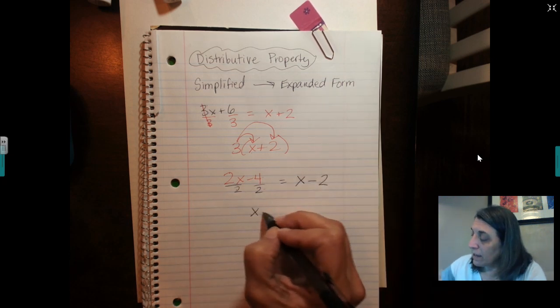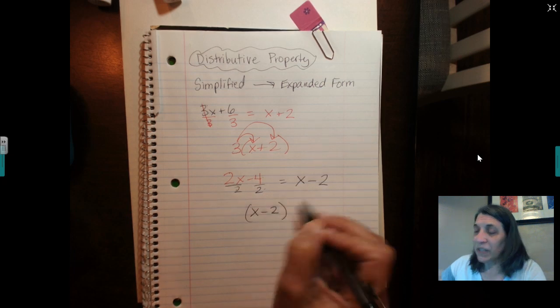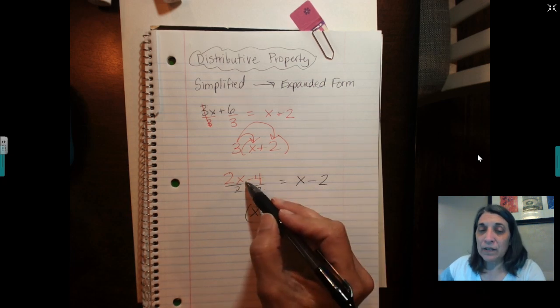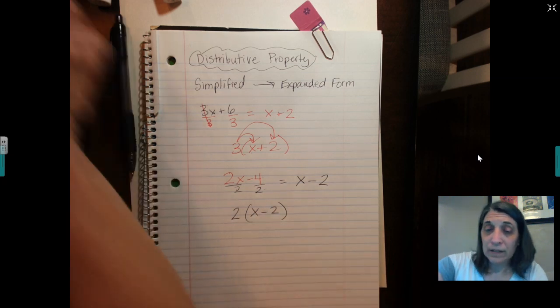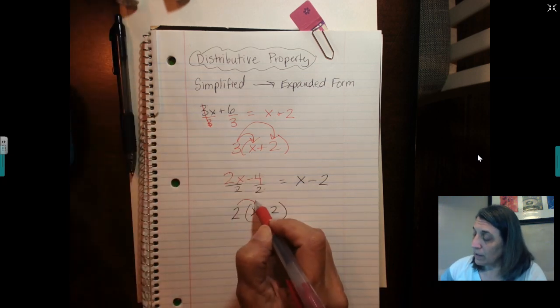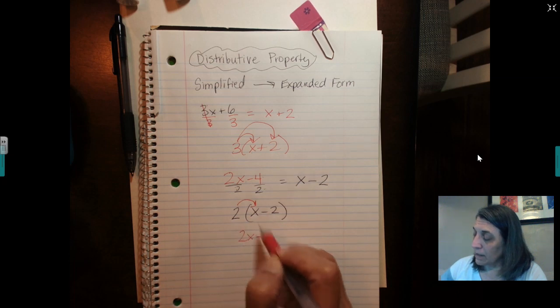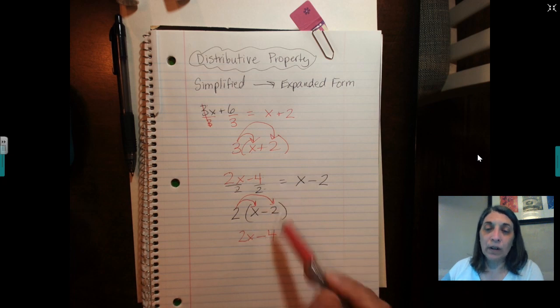Well, let's check. Since I divided to get this, to go back to 2x minus 4, I would need to multiply by 2. Would that be correct? Let's see. 2 times x is 2x, minus 2 times 2 is 4. And that takes it back. So you can go back and forth.